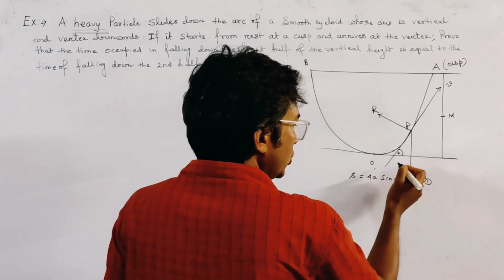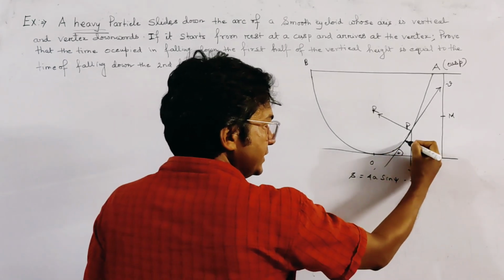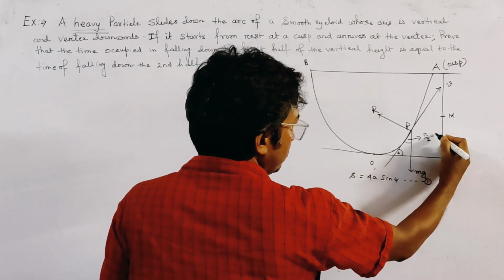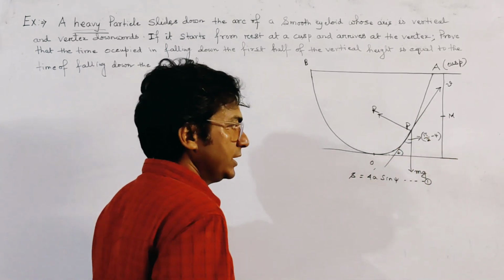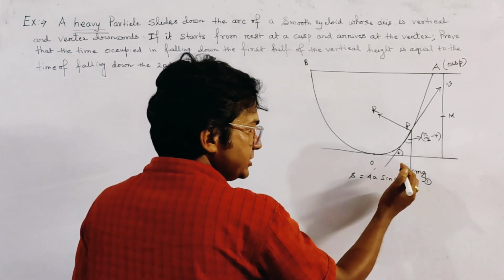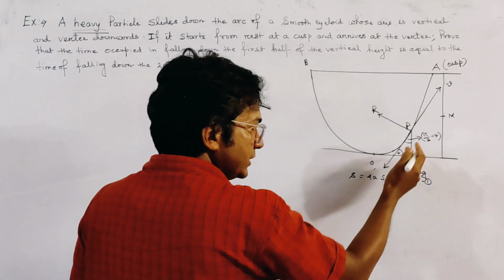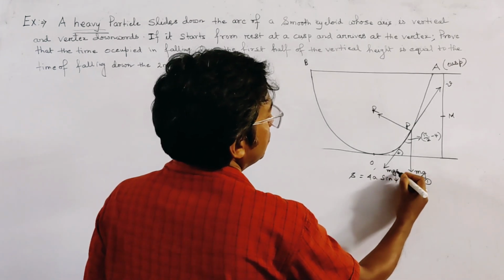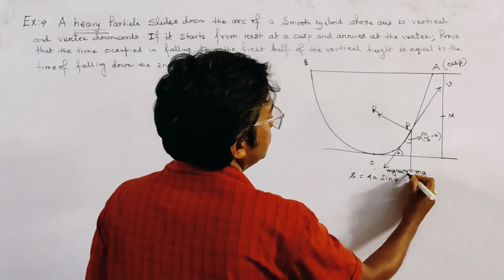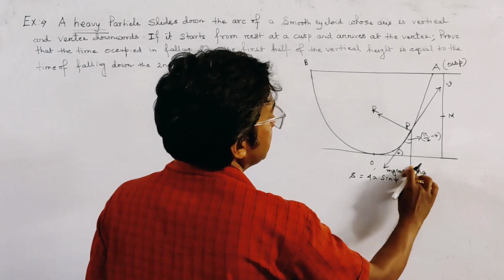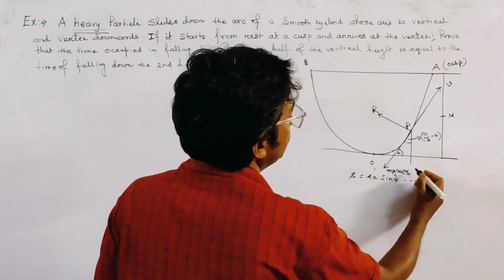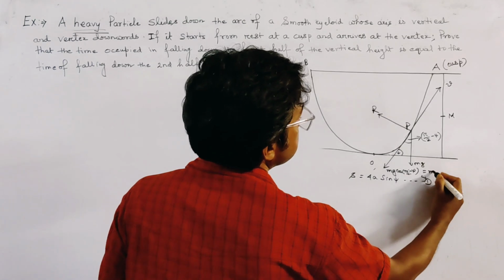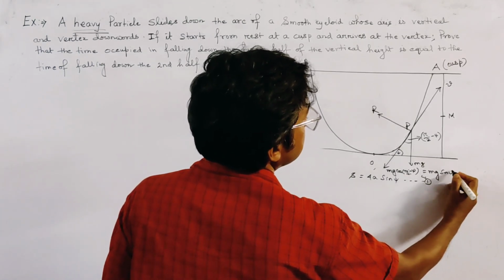So this angle is pi by 2 minus psi, and the component of mg along the negative normal is mg cos(pi/2 - psi), which is mg sin psi.